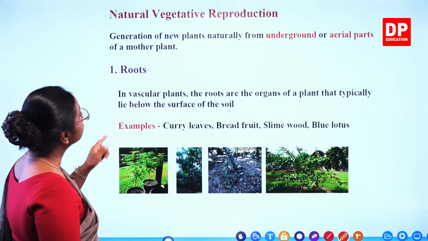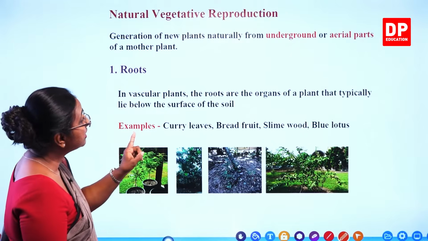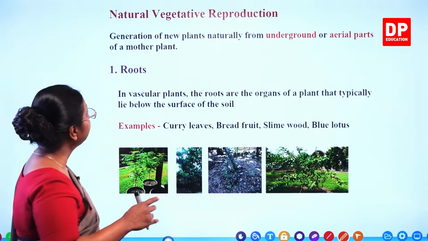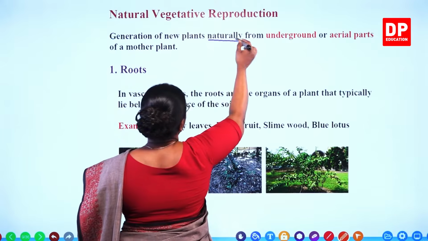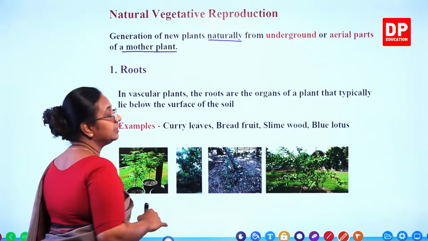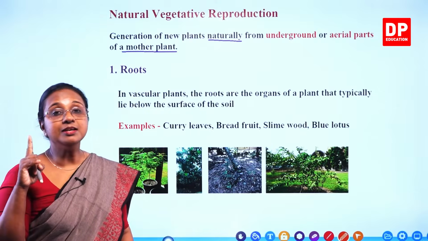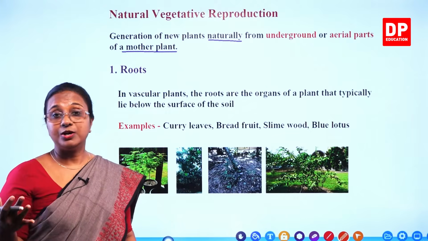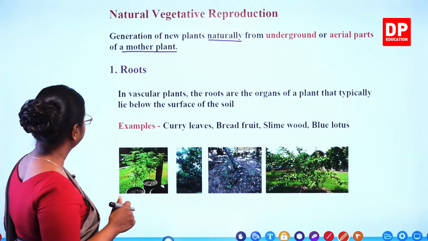Generation of new plants naturally from underground or aerial parts of a mother plant. Again, we use the term naturally here, and from a mother plant. So, only one parent is involved. Because it's only one parent, we normally call it the mother plant.